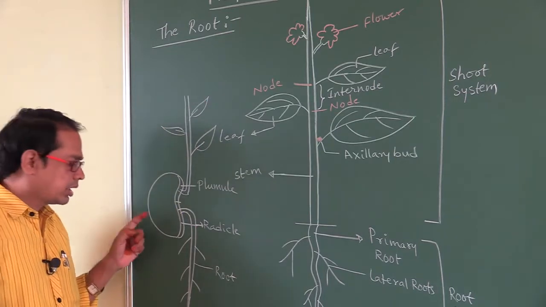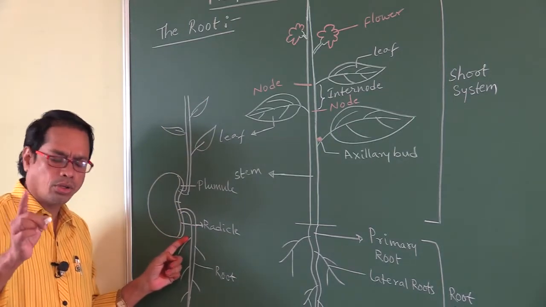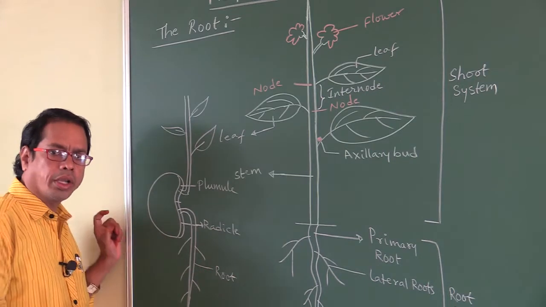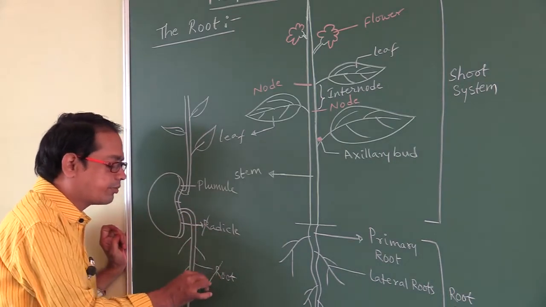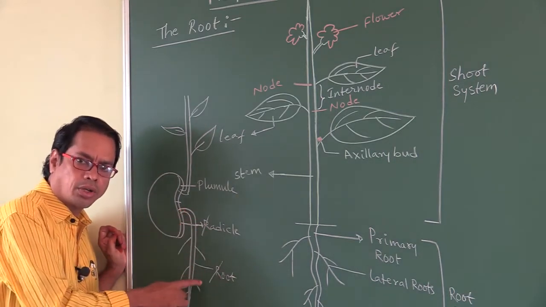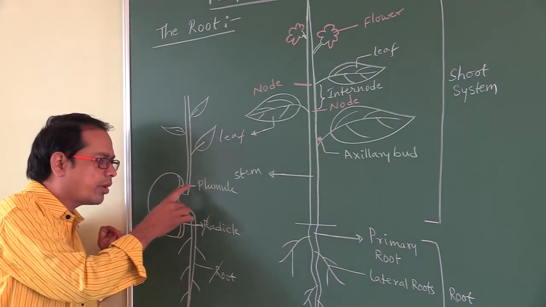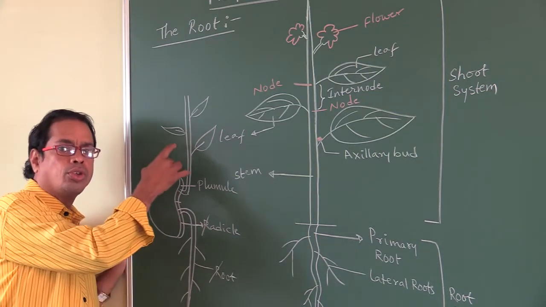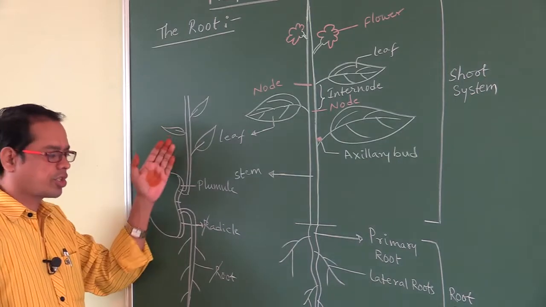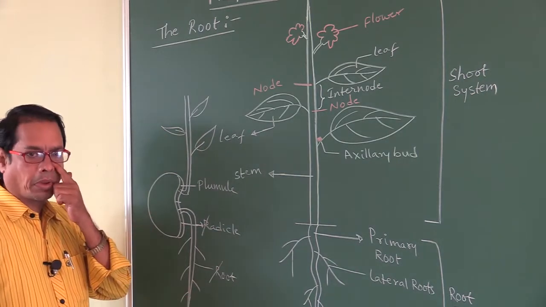How can you remember? R for R. Radicle of the embryo develops into root. Plumule of the embryo develops into shoot. That is shoot system, and this is root system.